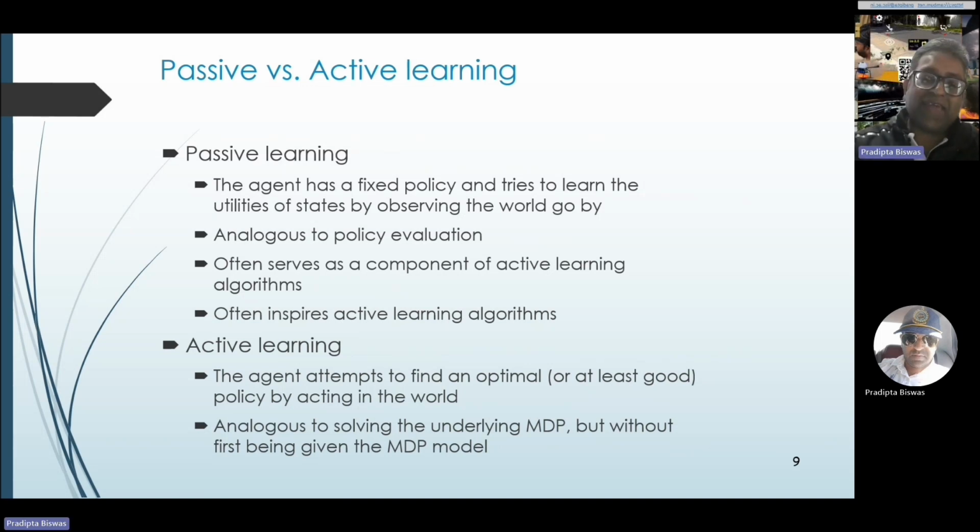In active learning, the agent will learn as it is acting. So it will learn as it is moving and acting on the environment. In case of passive learning, we will learn direct utility estimation, adaptive dynamic programming, and temporal difference learning. All three will be passive learning techniques, as you saw in a previous slide.